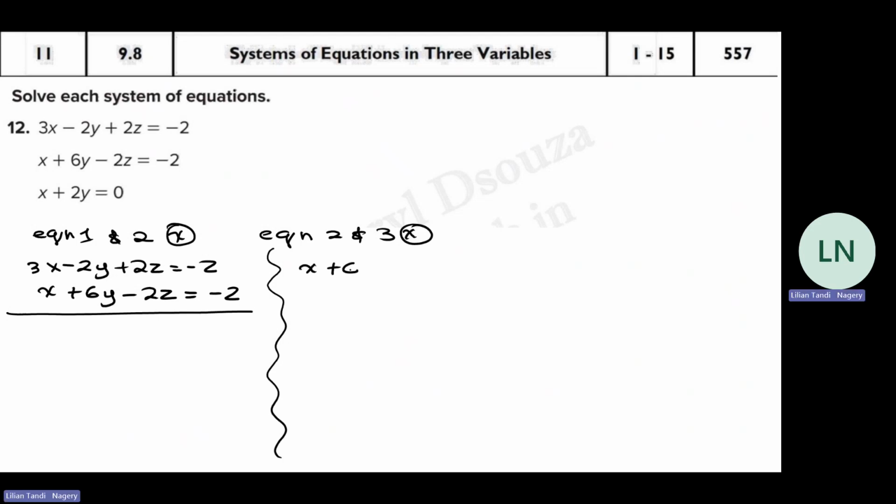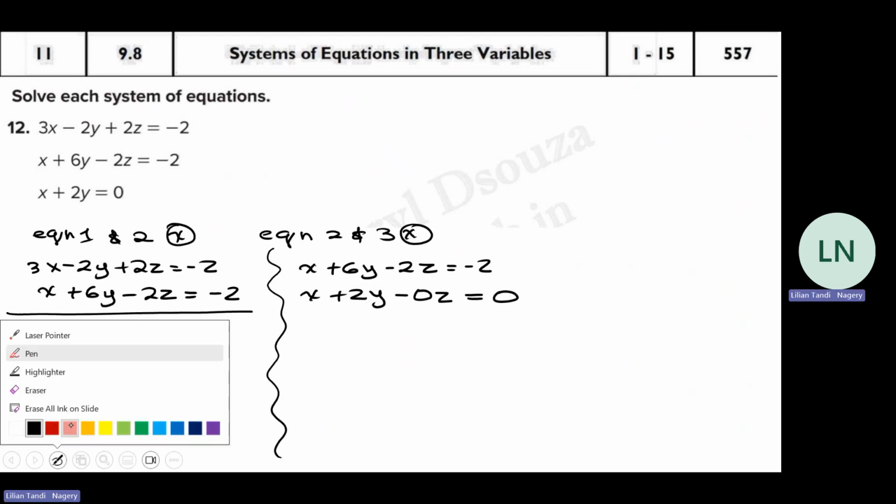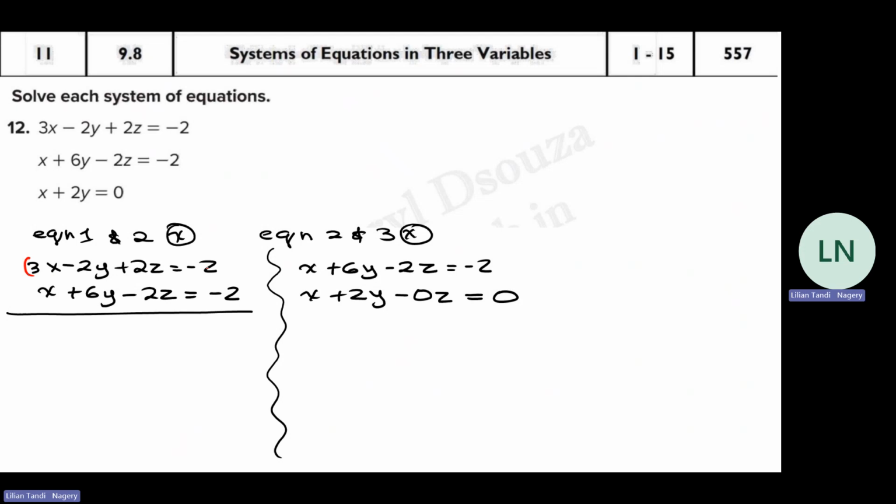X plus 6y minus 2z equals negative 2. X plus 2y plus 0z equals 0. What are we eliminating? X. Multiply by 1, multiply by 3. Already these x's are the same anyway.